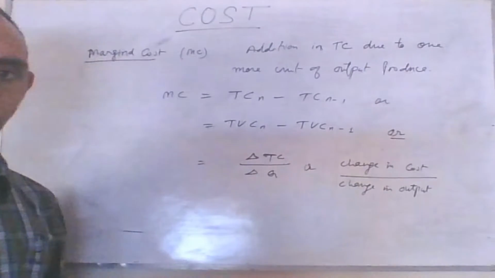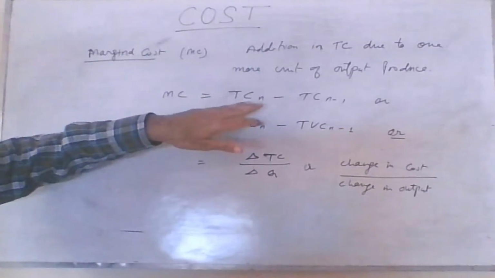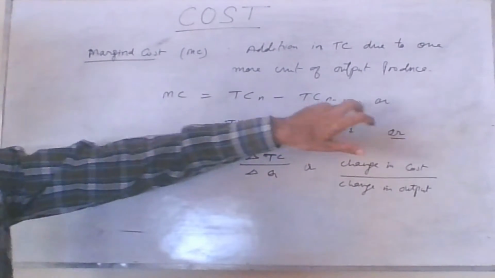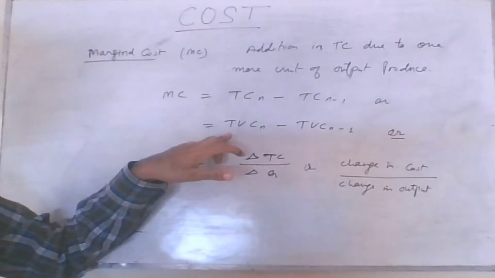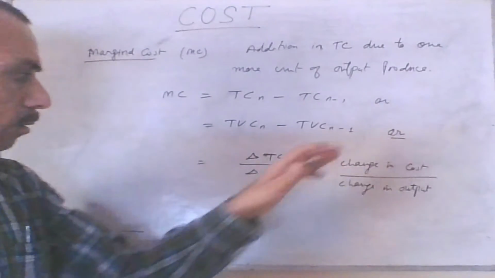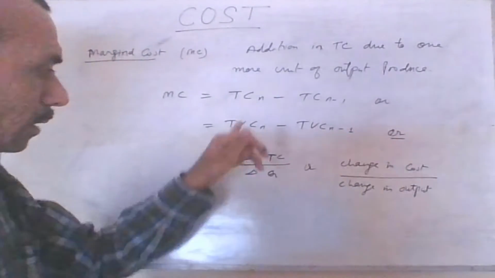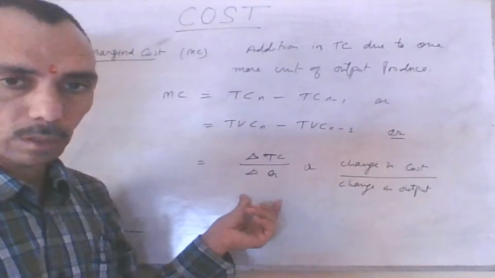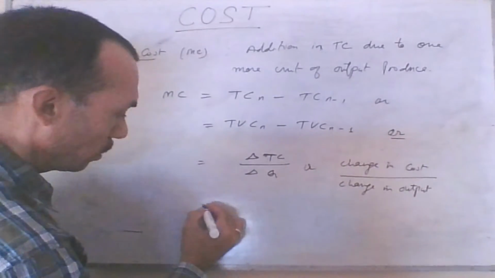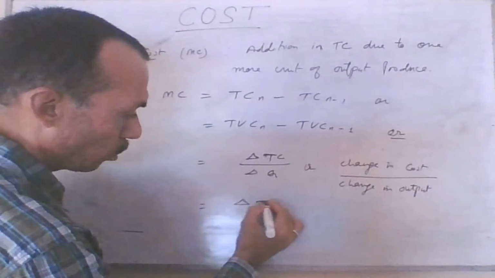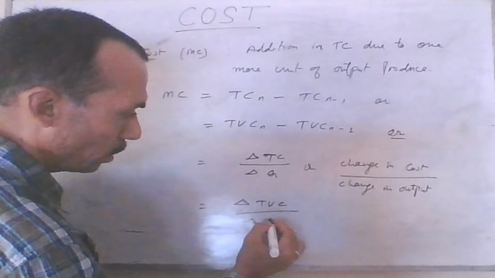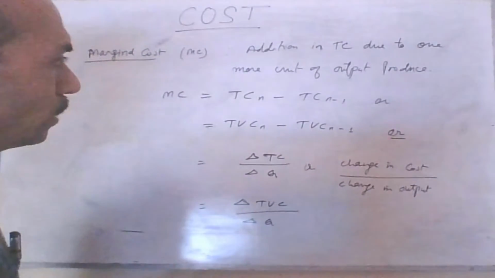So we calculate the marginal cost as total cost n minus total cost n minus 1, or total variable cost n minus total variable cost n minus 1, or the change in total cost upon change in output, or the change in total variable cost upon change in output. Either way you can calculate the marginal cost.